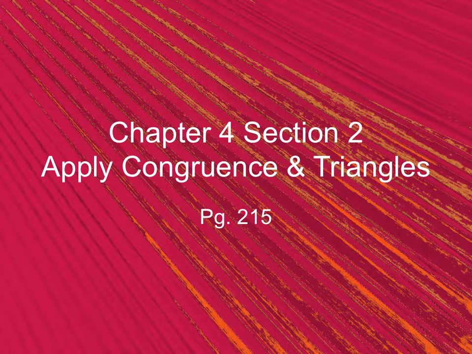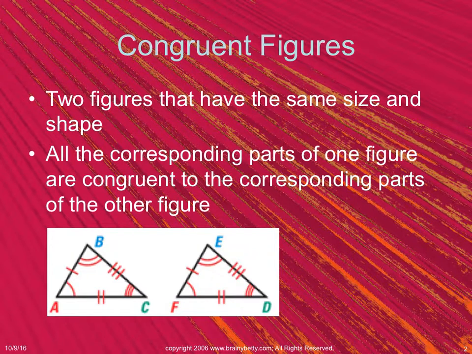All right, 4.2 is called applying congruence in triangles. So we're going to start with our congruence stuff. If I identify two triangles, or two polygons really, as congruent, and then we're going to narrow it down to just the triangle. Two congruent figures have the same size and shape, which we've talked about before. If I'm comparing a triangle to something else that's congruent, it has to be another triangle.